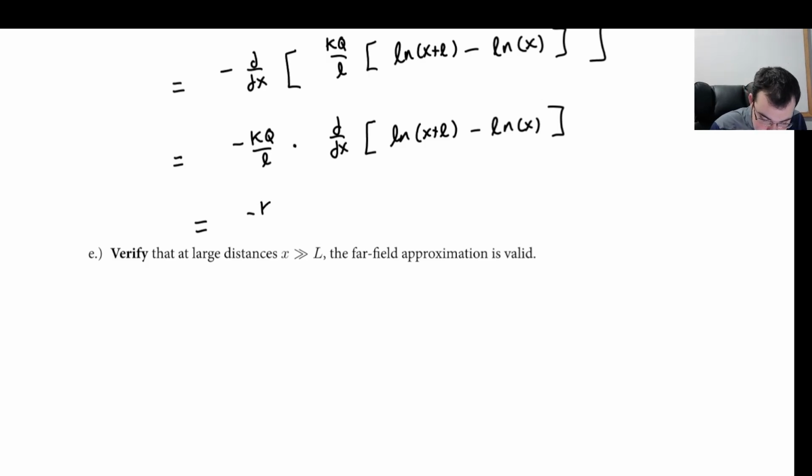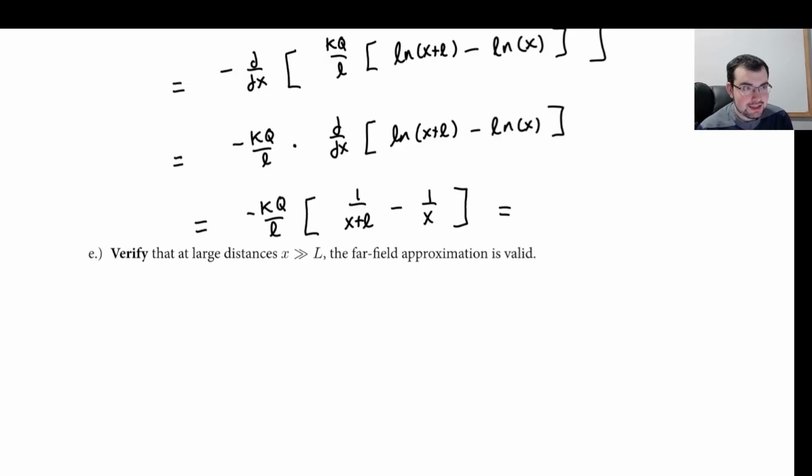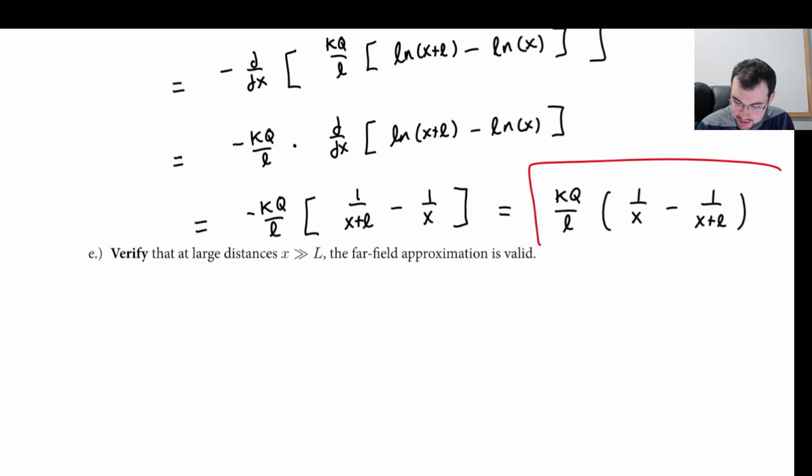This gets us negative kq over L times the quantity: the derivative of ln is 1 over the stuff times the derivative of the stuff, meaning the chain rule. There's no chain rule factor here, so we just get that. Doing the same trick where we move that minus inside to change the subtraction order, we get kq over L times the quantity 1 over x minus 1 over x plus L, which is exactly the expected E field.